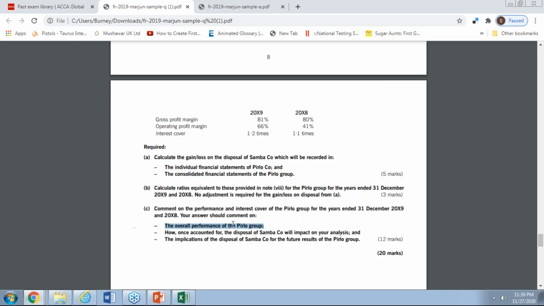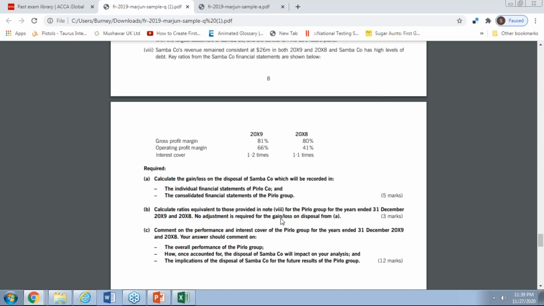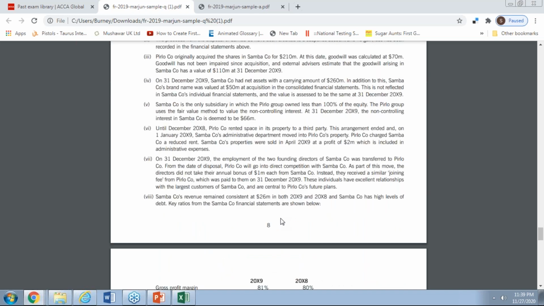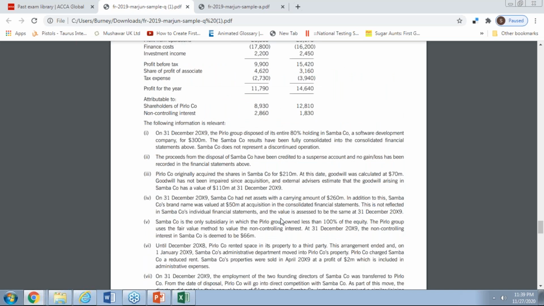The question is the overall performance of the Perlo Group, how accounting for the disposal of Simba will impact the analysis, and the implication of the disposal of Simba. So first of all, I want you to just read the scenario with me.